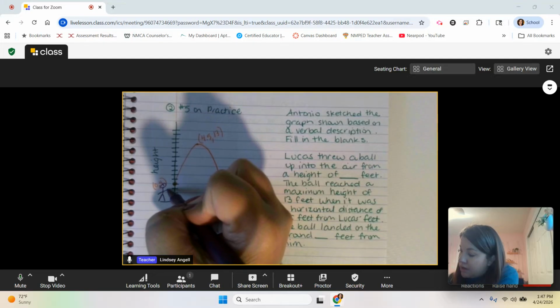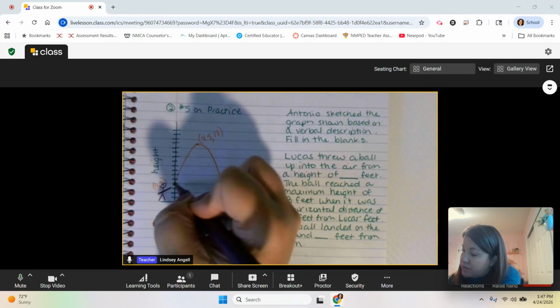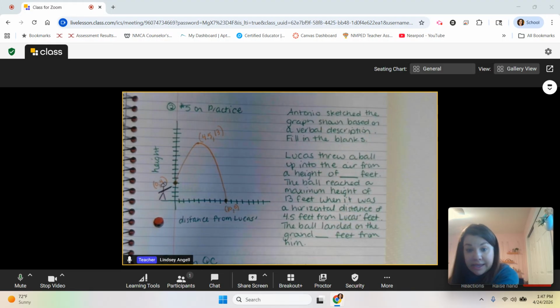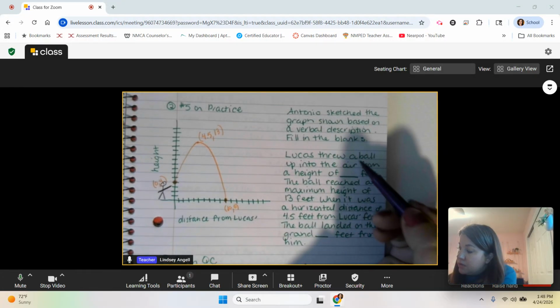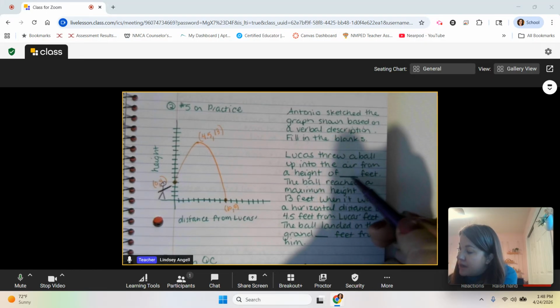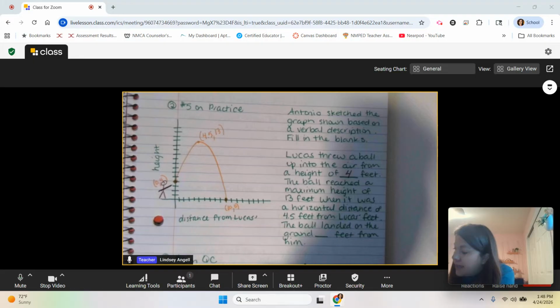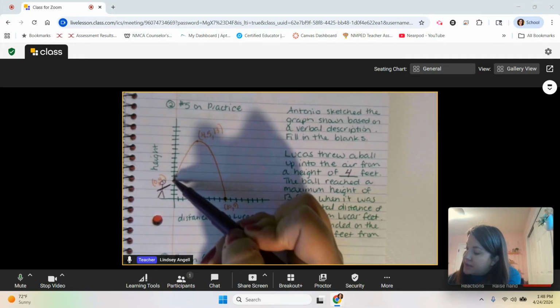So it's like, imagine right here that's him holding the ball and he throws it, right, at 4 feet. So, meaning his arm was at 4 feet off the ground. So, for this first part, Lucas threw a ball up into the air from a height of, and it's right here, that 4 feet mark. Okay, so that first number should be a 4. And then it talks about it going up.